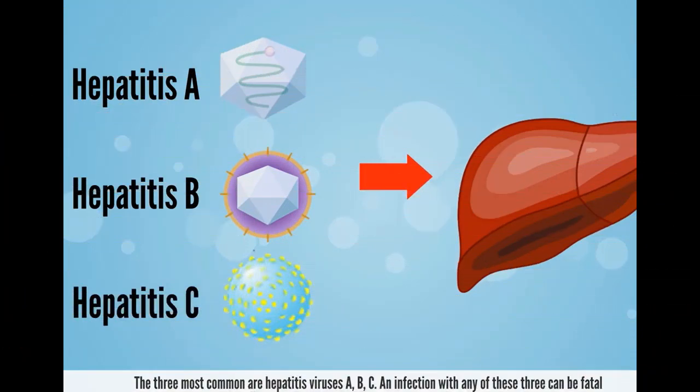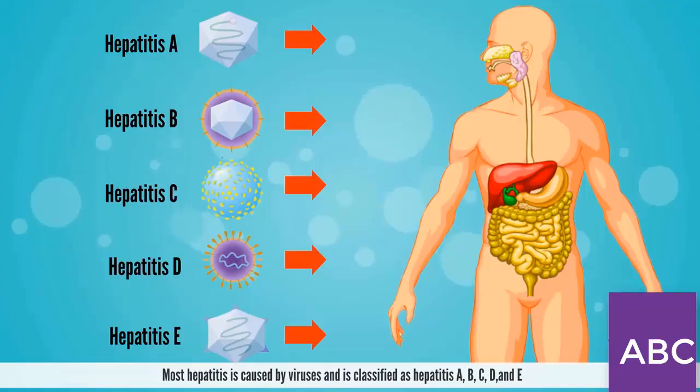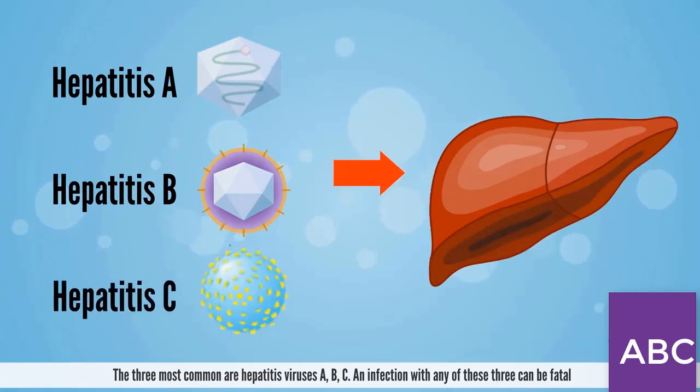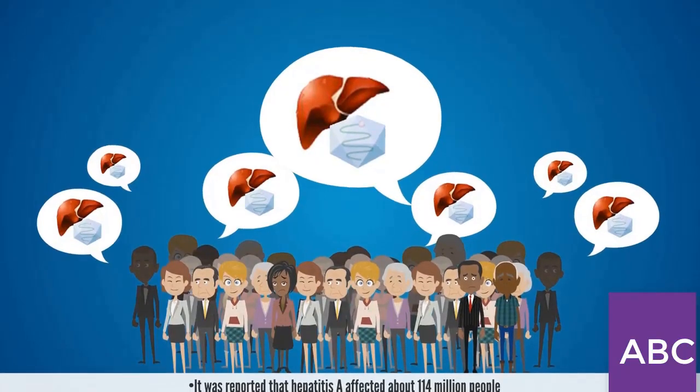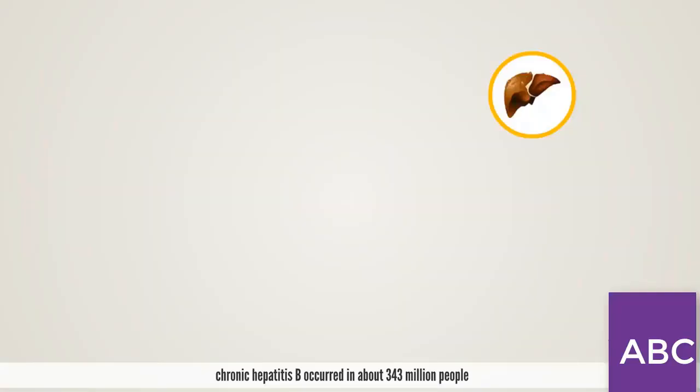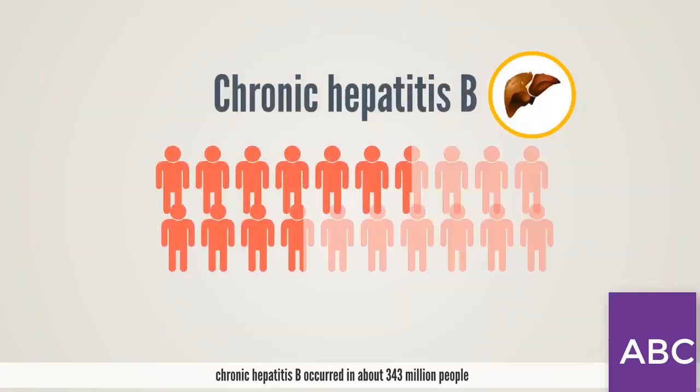However, the three most common types of hepatitis virus are A, B, C. An infection with any of these three can be very fatal. It was reported that hepatitis A affects about 114 million people globally, and chronic hepatitis B occurs in about 343 million people all over the world.